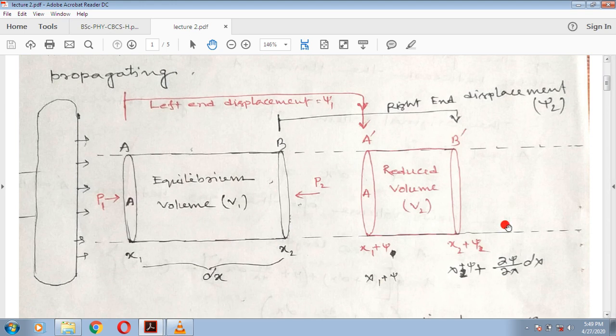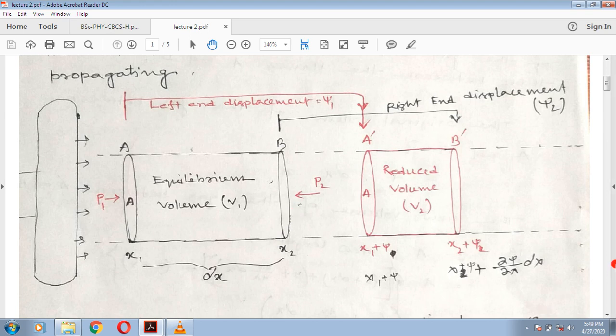In this way we will find a wave equation, and that wave equation will be compared with the standard equation for wave motion, and we will obtain the velocity of the longitudinal wave.